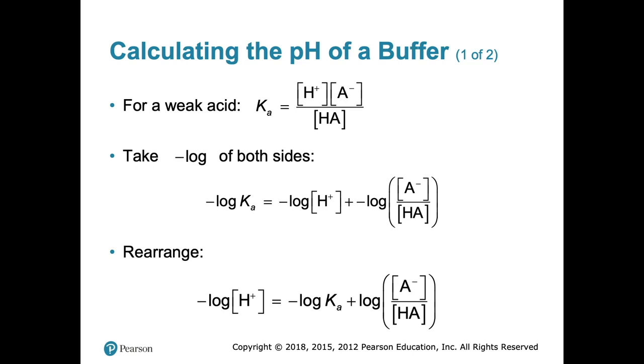One of the things you'll learn, especially in analytical chemistry, biochemistry, and organic chemistry, is that pKa is what we use to determine how acidic something is. The smaller the pKa, the more acidic it is. The higher the pKa, the more basic it is, or the less acidic it is.